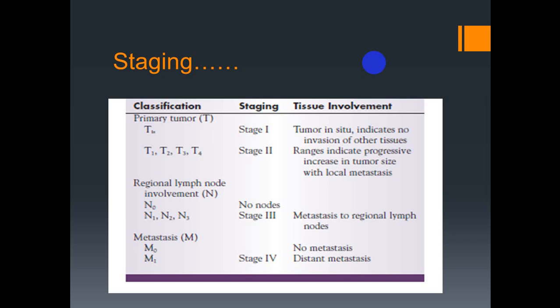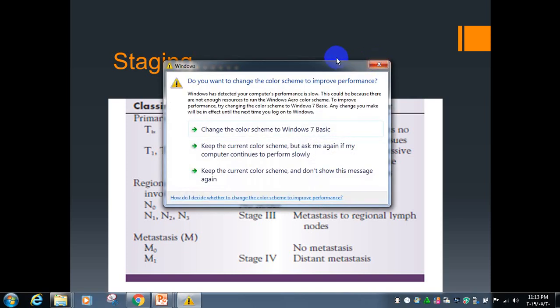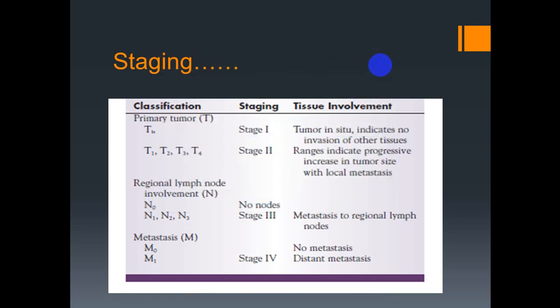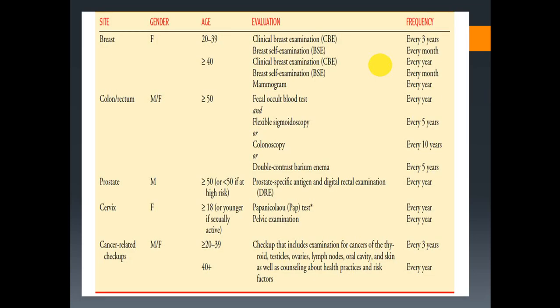When we talk about T3, N2, and M1, the tumor is metastatic and has involvement in the regional lymph nodes, and it has a big size, T3. So the tumor is big in size, the regional lymph nodes are involved, and the metastasis has occurred.